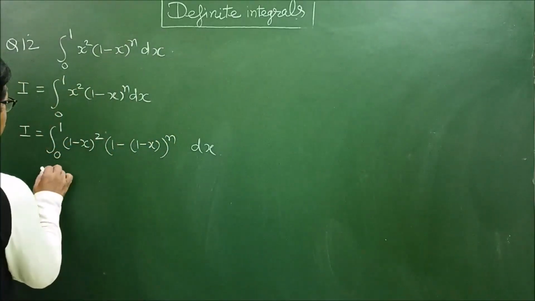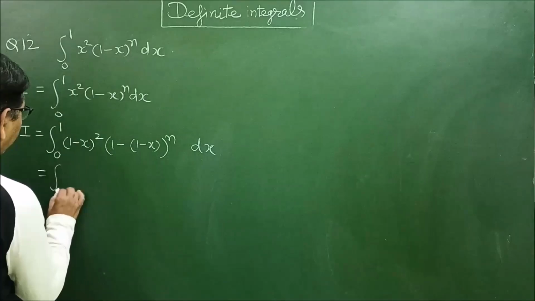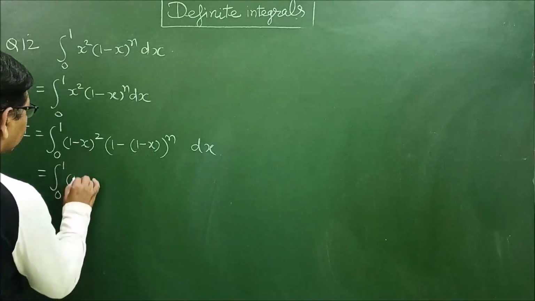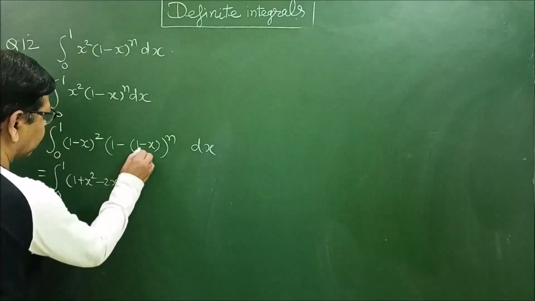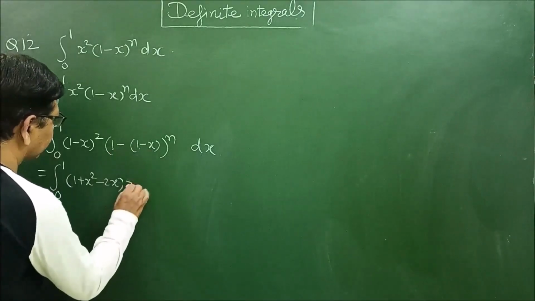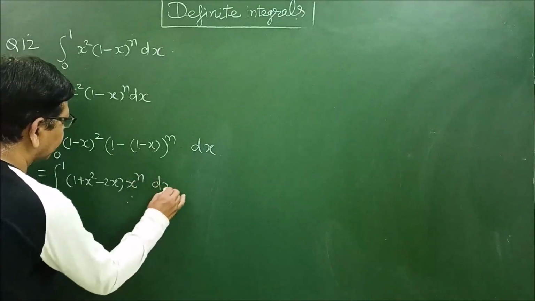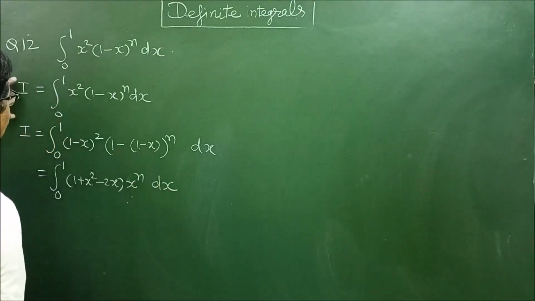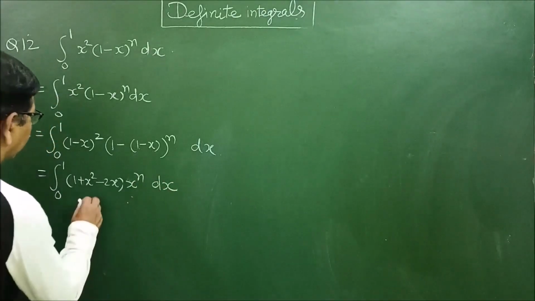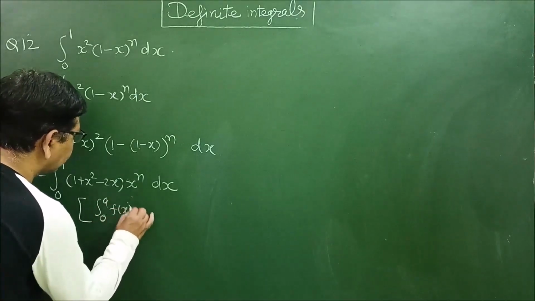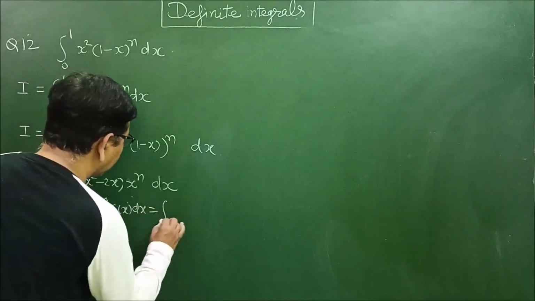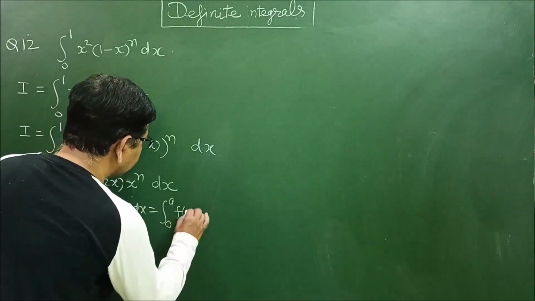Now this integral is in a very simple form. Now (1 minus x) square is equal to 1 plus x square minus 2x, and here 1 and 1 get cancelled, so this becomes x raised to the power n dx. So both the integrals have the same value by using the property integral 0 to a f(x) dx is equal to integral 0 to a f(a minus x) dx.